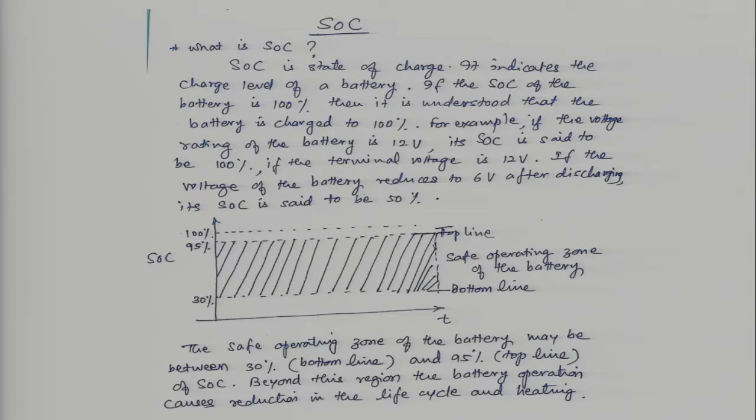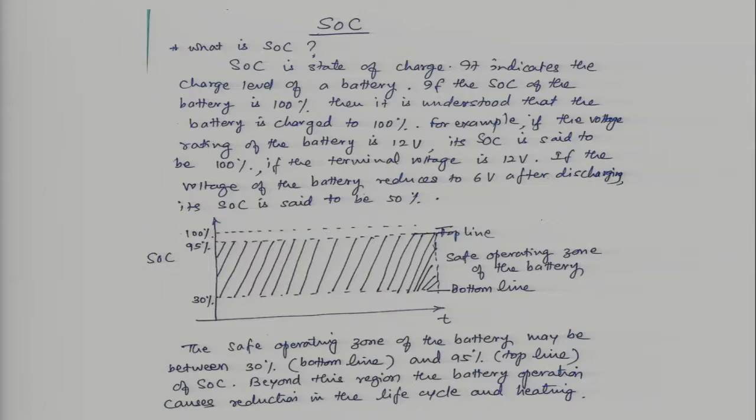So when the voltage drops to 6 volts from 12 volts after a certain time when it is supplying load, we say that the SOC is equal to 50%. So the state of charge has reduced to 50% of its rated value. In a graph you can show it in this fashion. This is SOC on y-axis and time on x-axis.